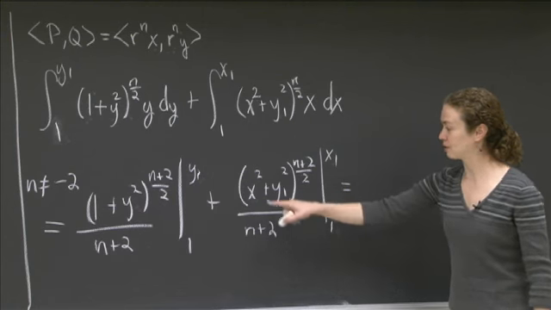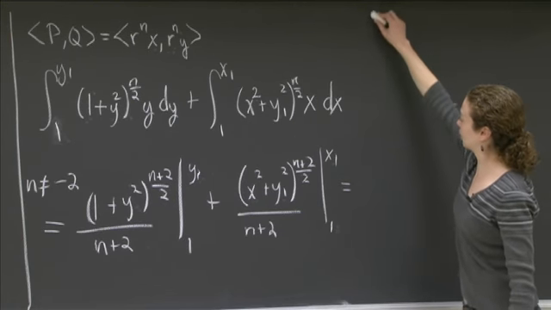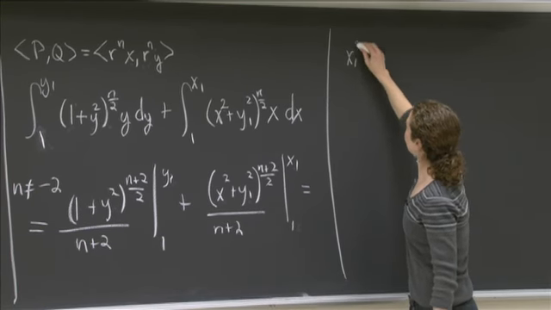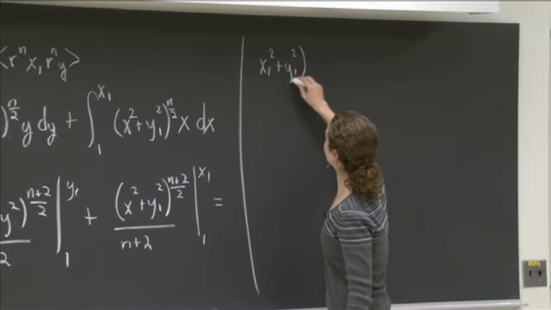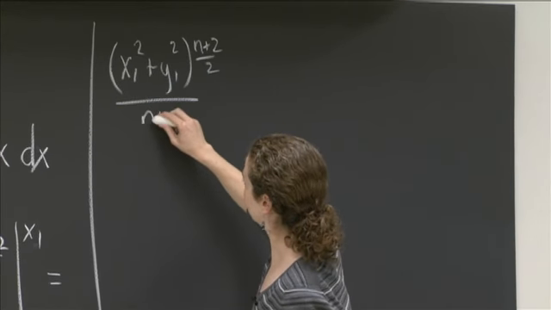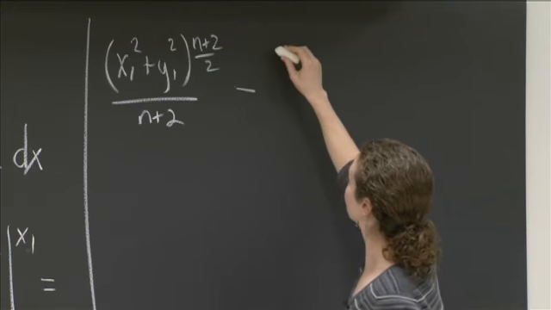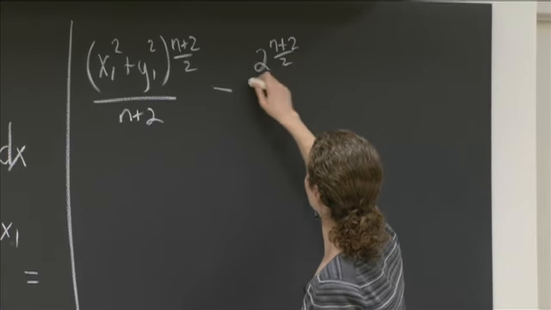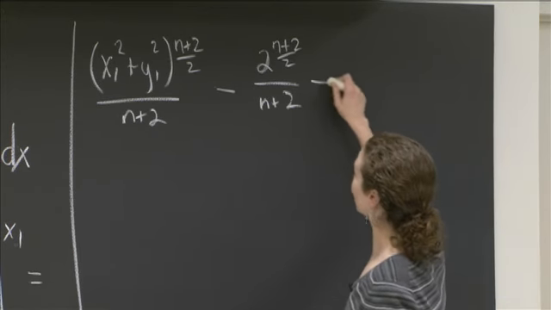And what I'm actually left with is just two terms. Those two terms, I'm going to write it up here, are going to be (x1^2 + y1^2)^((n+2)/2) over n + 2, minus (1 + 1)^((n+2)/2), which is just 2^((n+2)/2) over n + 2. What is this really?